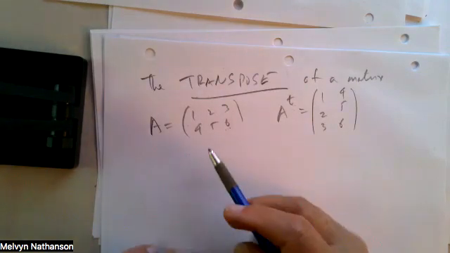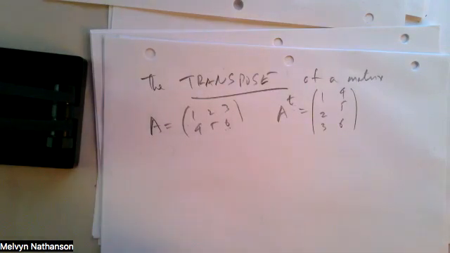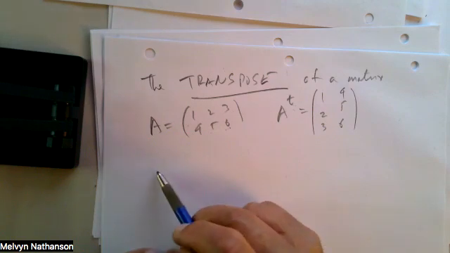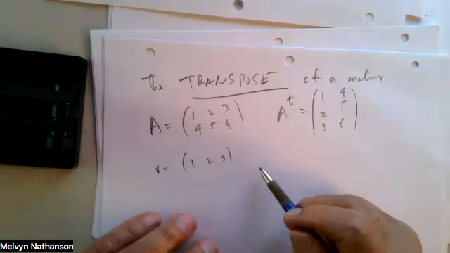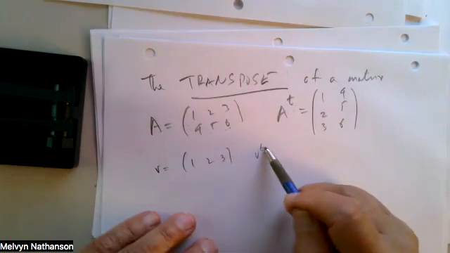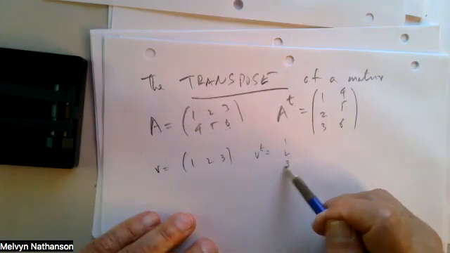And you can also take the transpose of a vector. A vector is just a matrix with one row or column. So if you had the row vector v equal to 1, 2, 3, then the transpose v^T is the column 1, 2, 3.